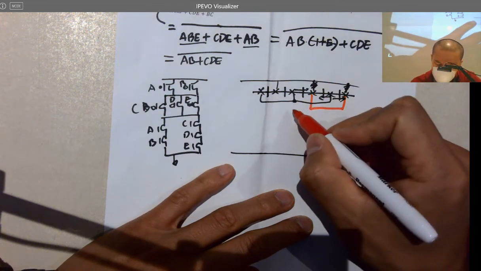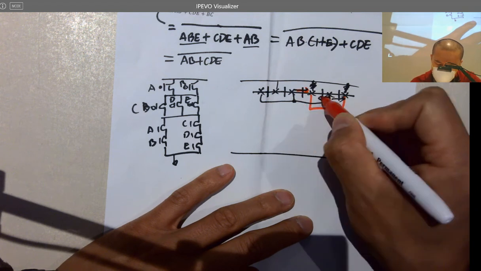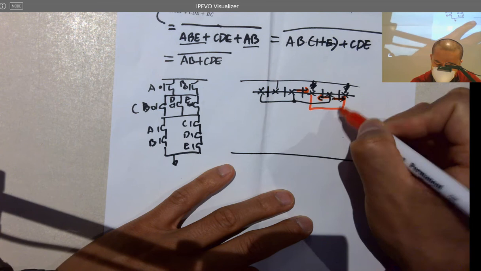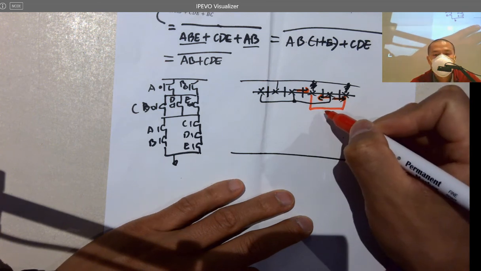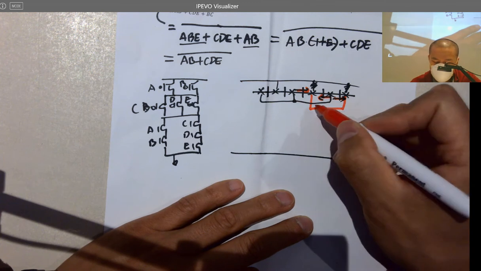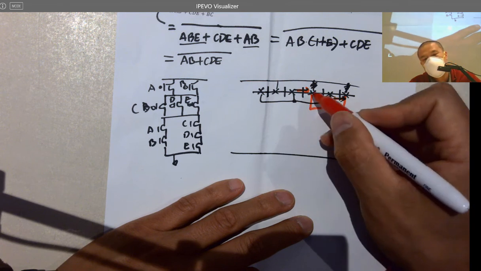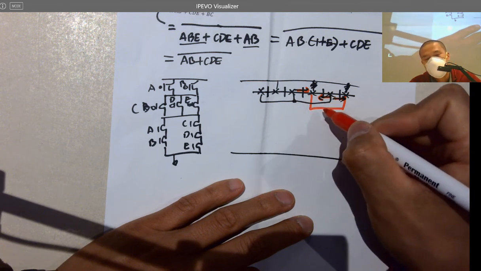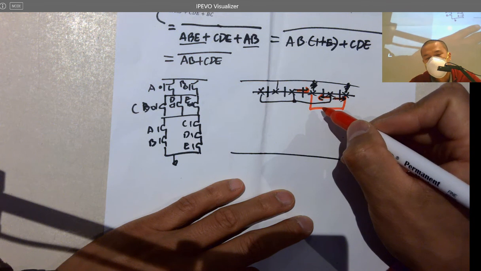So 1, 2, 3, and merge at one point. It's right. I think this is correct. Works. The only issue is you got metal. If you are using metal one for all these traces, you have to find either metal two or, is there a better design?